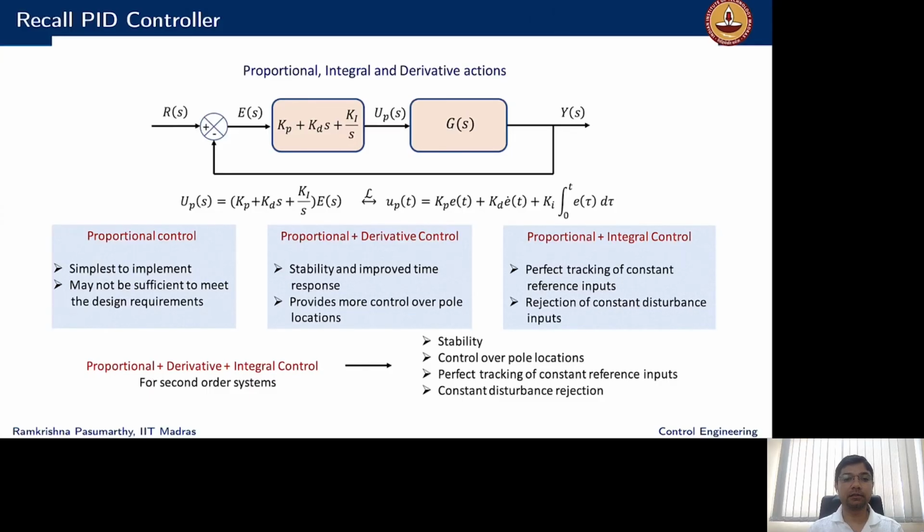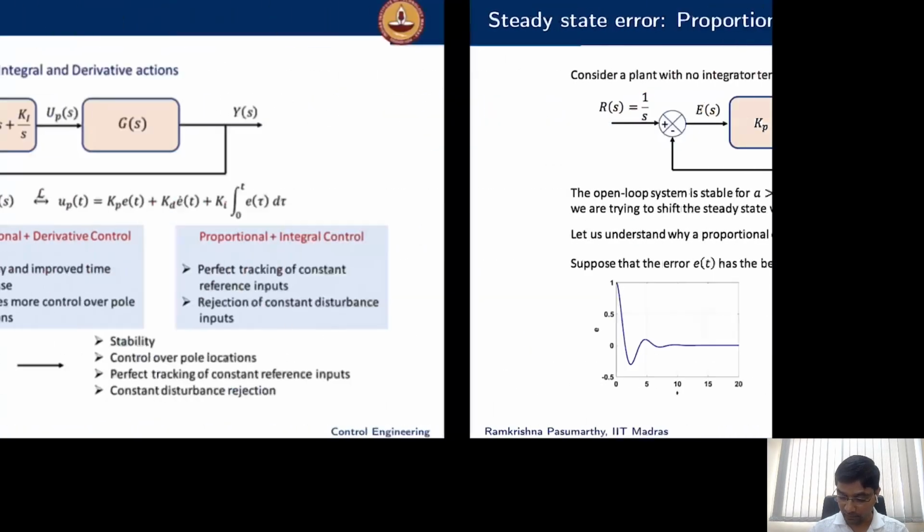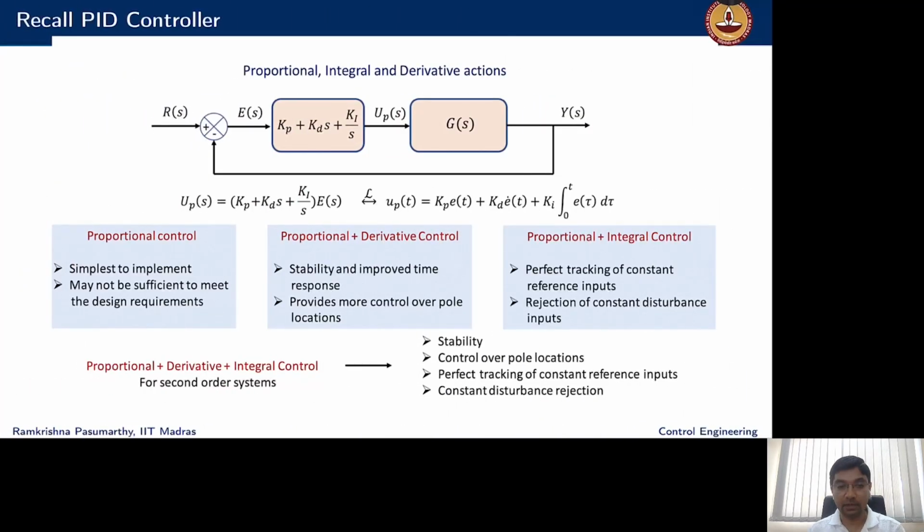In the previous lectures, we learned about the basics of P, I, and D controllers, namely proportional control, which was the easiest to implement, followed by proportional plus derivative control, which improved the time response and also had an impact on stability. So we could make an unstable system stable with the help of proportional plus derivative control, and also have more control over pole locations.